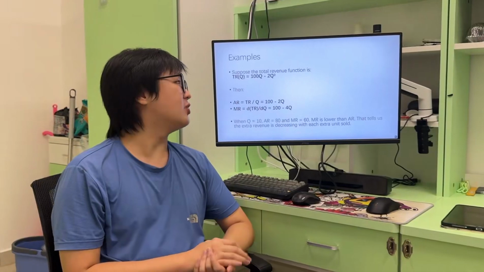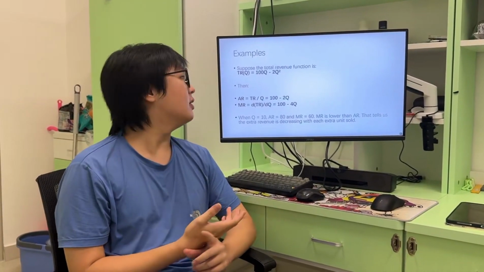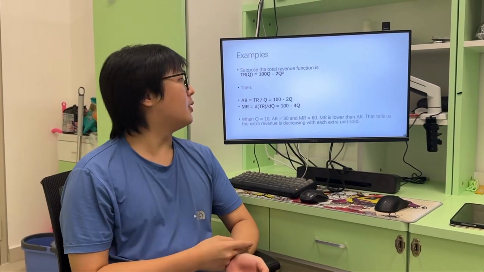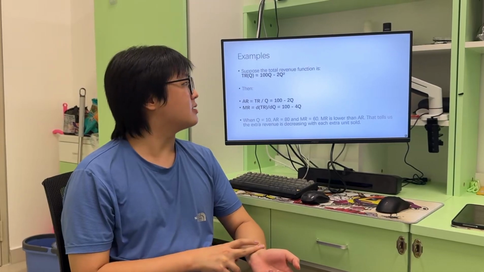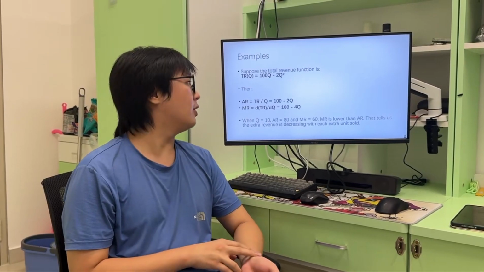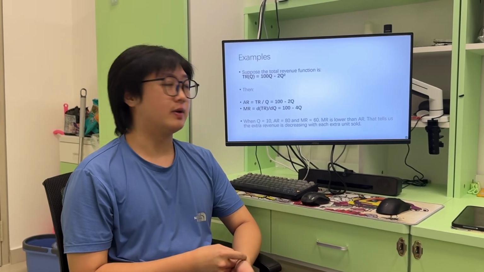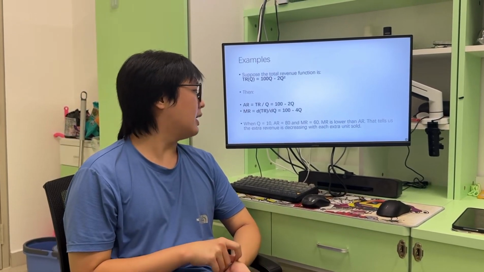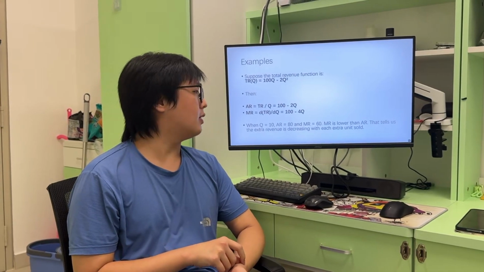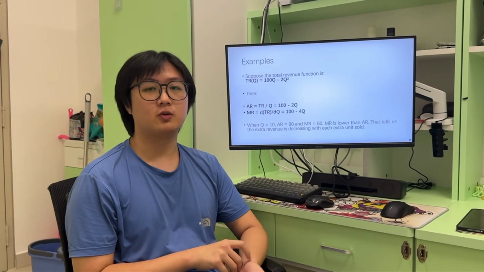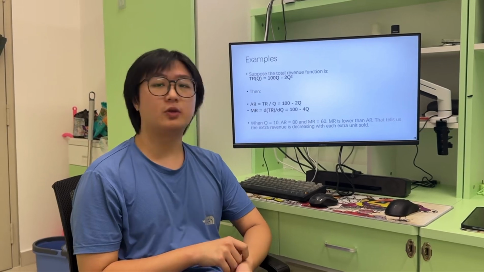Now I will introduce two examples. First example, suppose the total revenue function is TR(Q) equals 100Q minus 2Q squared. Then AR equals TR over Q equals 100 minus 2Q.